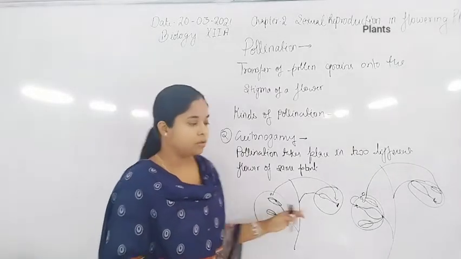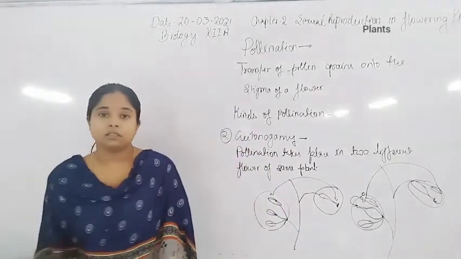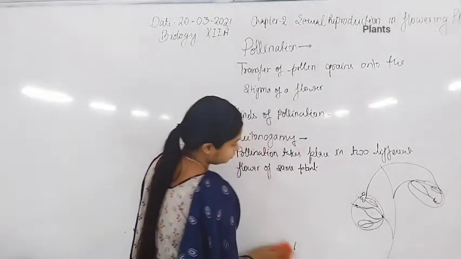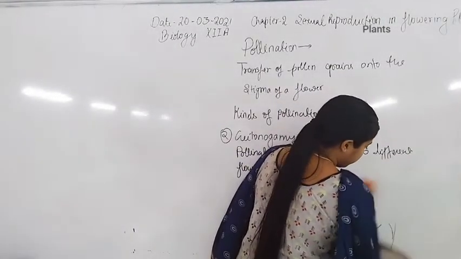Now let us discuss next. The third kind of pollination is known as xenogamy.